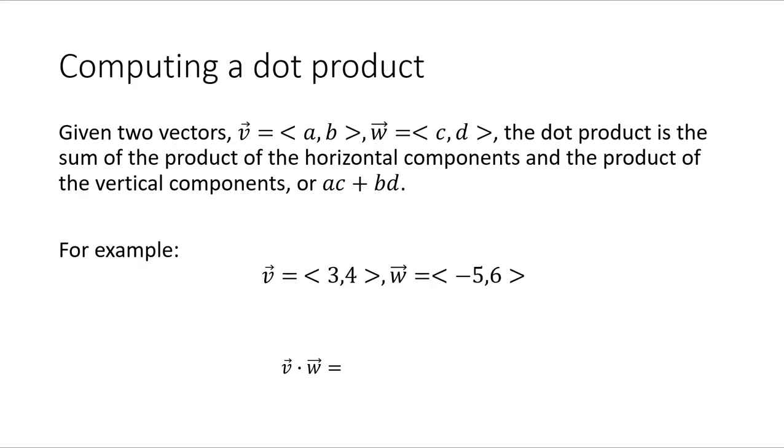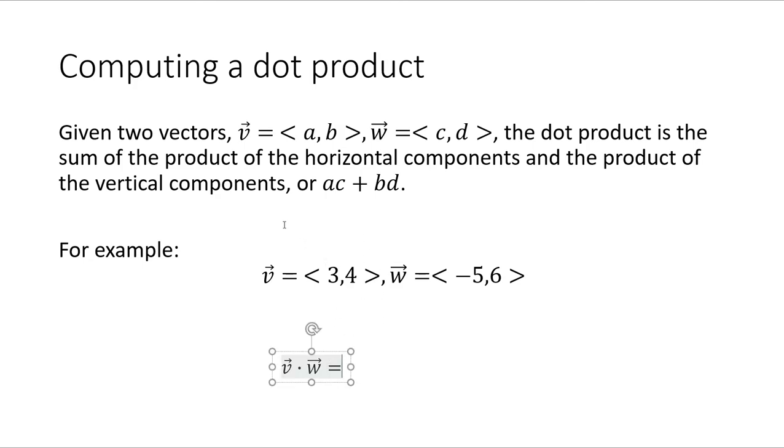But let me show you another weird thing here about dot products. Computing a dot product, honestly, is extremely simple. It could not be a more simple process. One of the ways we multiply vectors is by a dot product. Basically all you do is multiply the horizontal components of two vectors, multiply the vertical components of two vectors, and add those two products together. So for example, if I had these two vectors, vector v and vector w, and I've given their x and y components.